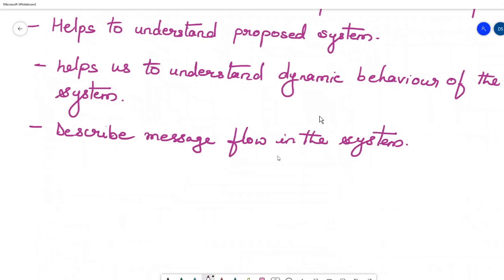So first we should identify the objects which are taking part in the interaction, that is, among which the data flow or message flow is taking place. So we can say: objects taking part in the interaction.